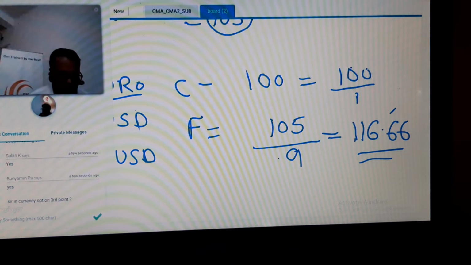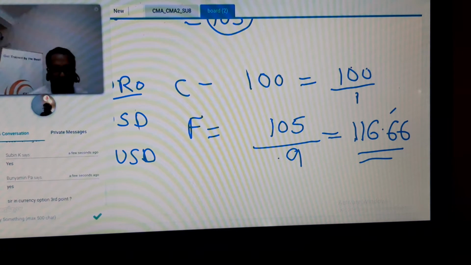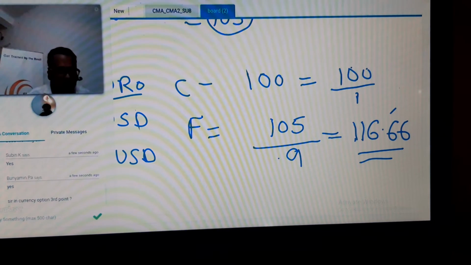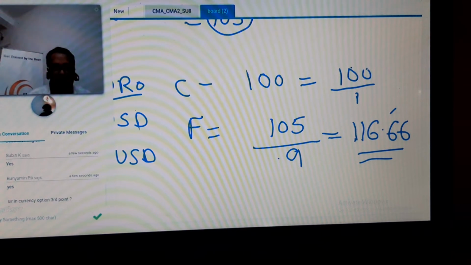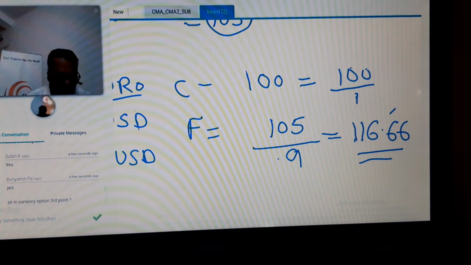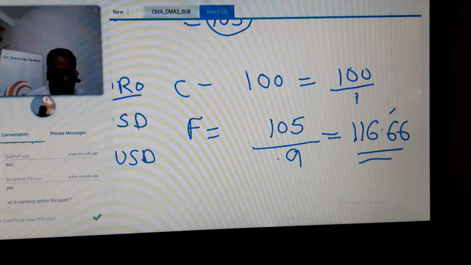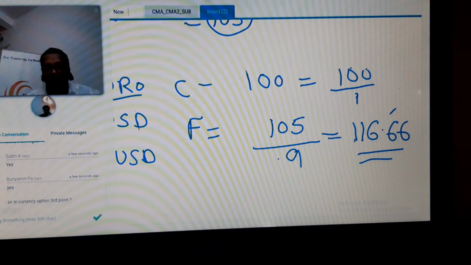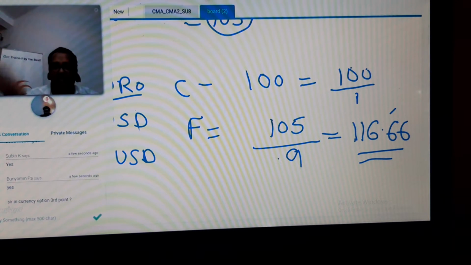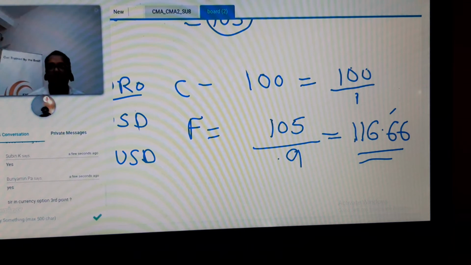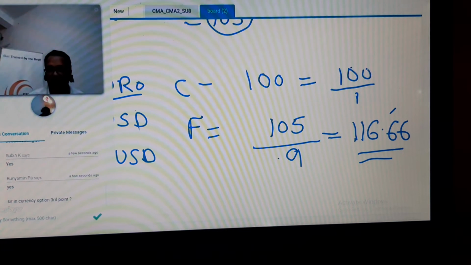I have to think that way. So the landed cost is 16.7. Okay, now the next question.